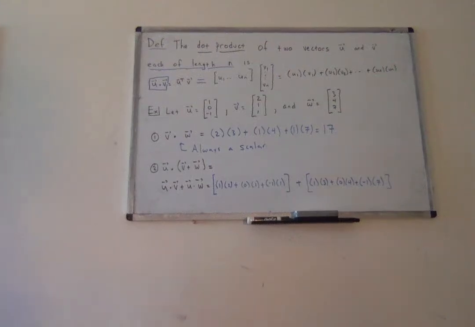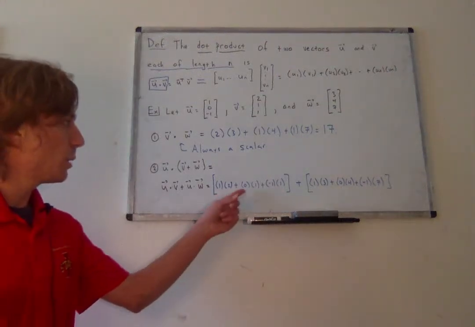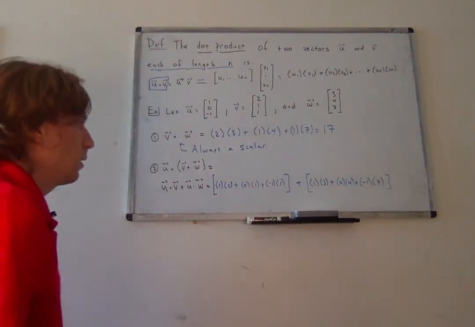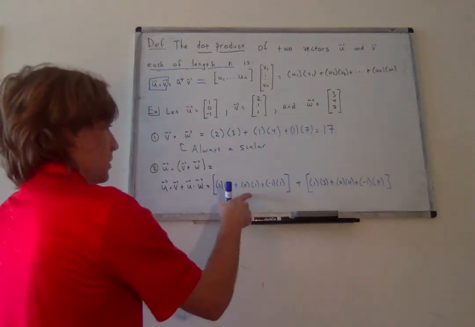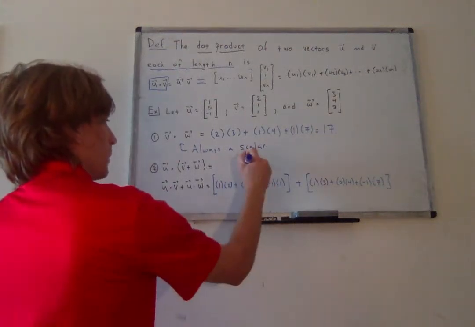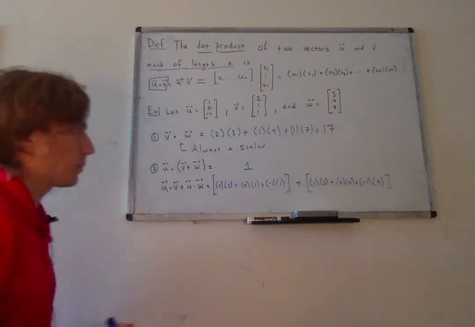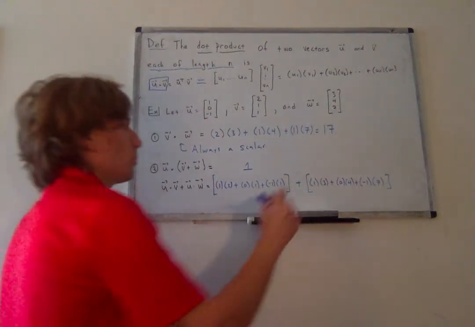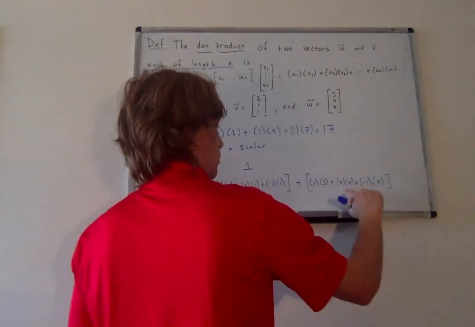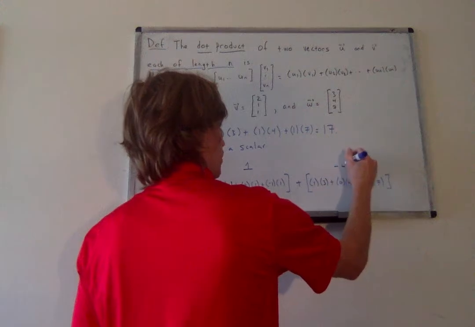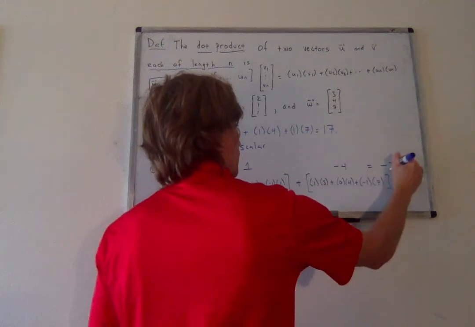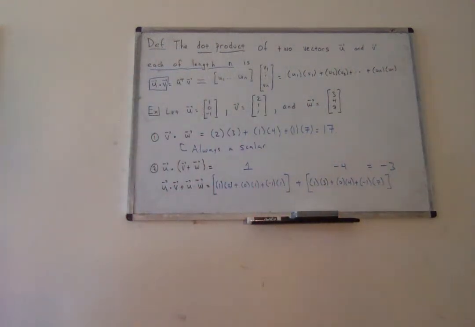All right, so each of these individual sums, this is equal to 2 plus 0 minus 1, which is equal to 1. This is equal to 3 plus 0 minus 7, which is equal to negative 4. And sure enough, this is also equal to negative 3.